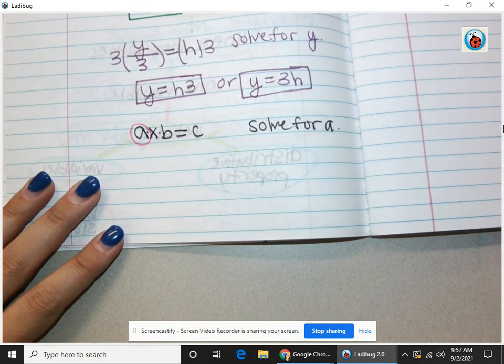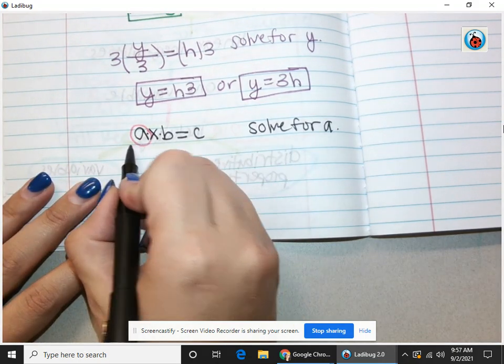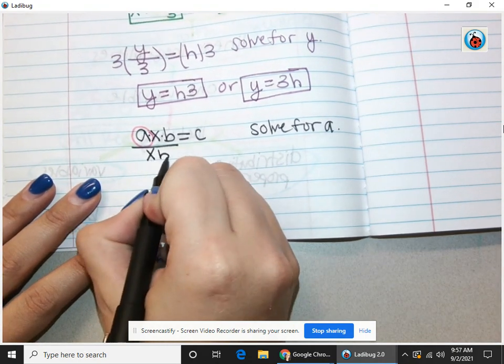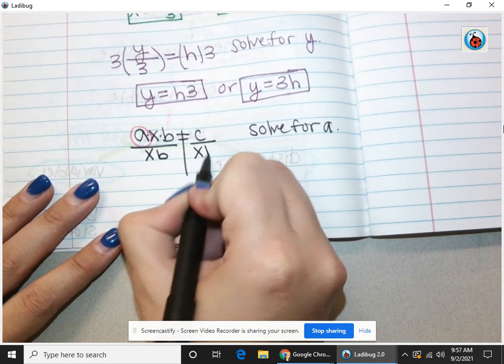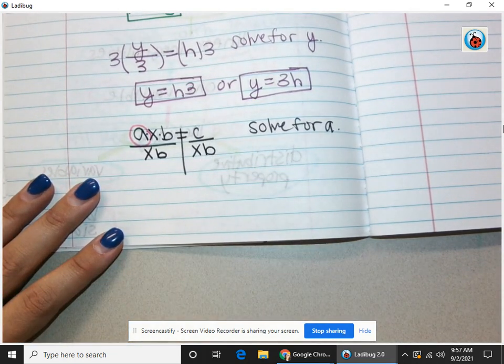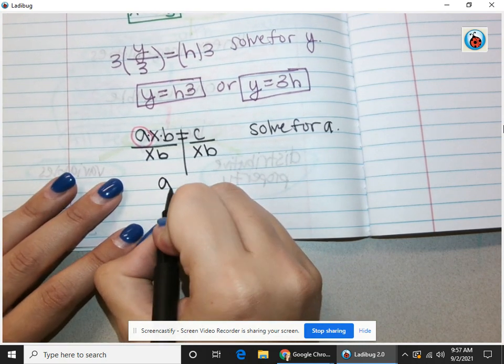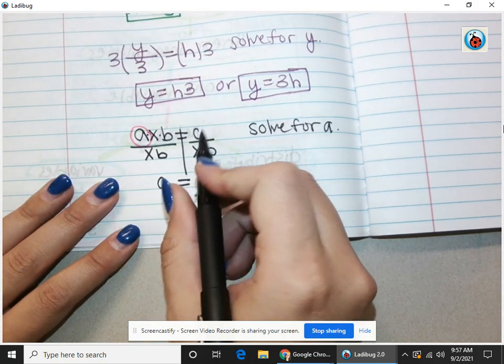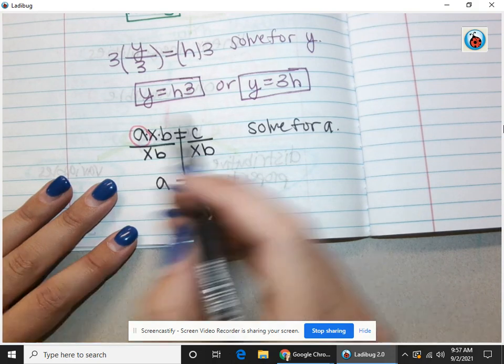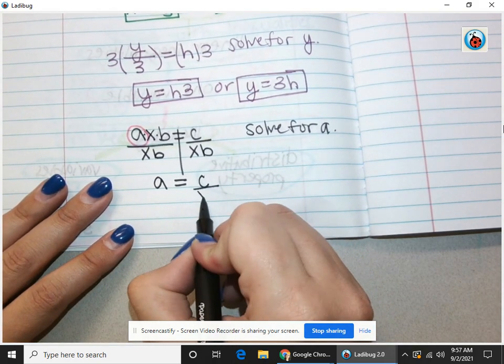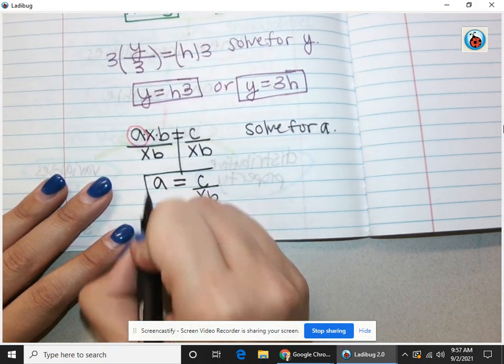So how would I get rid of the X and the B? I would divide by both X and B. If you take them separately, it's going to be too confusing because you're going to have division on division on division. Are C, X, and B like terms? No. So A just equals C divided by XB.